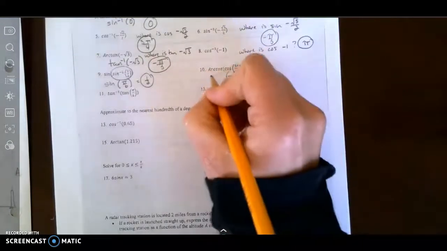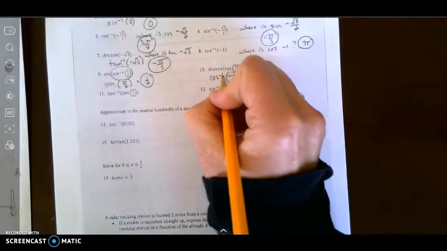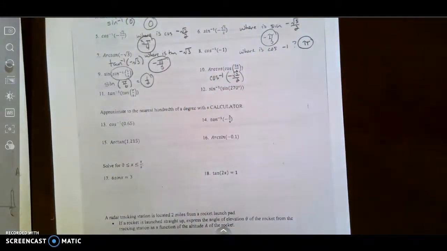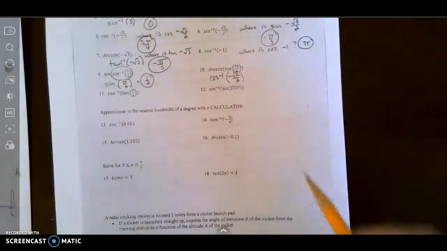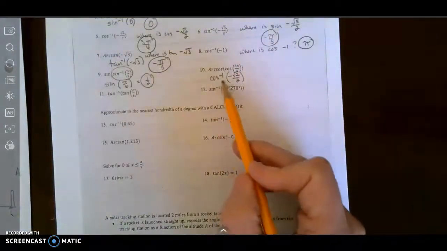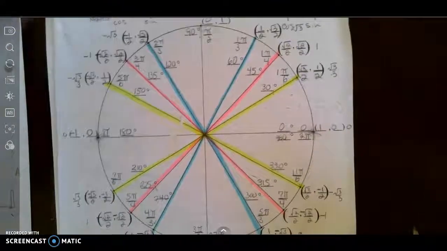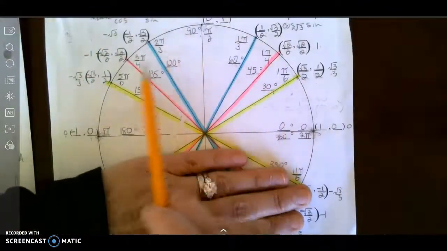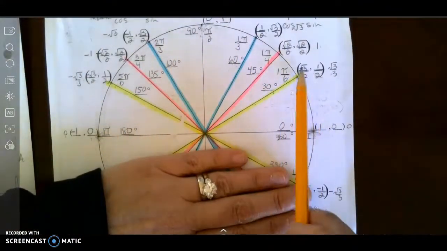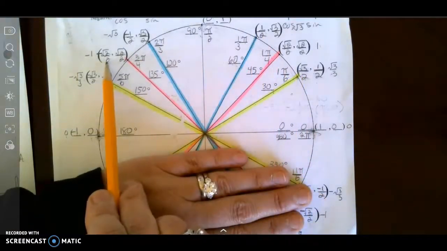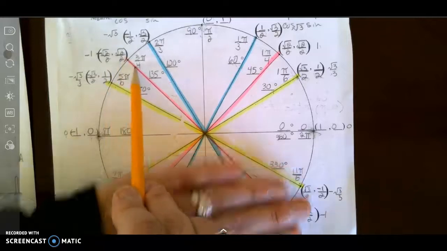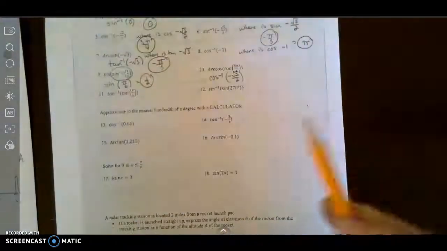This says arc cosine, which means inverse cosine. So now I have to ask myself, where is cosine negative square root of 2 over 2? Go to my unit circle. Since it's an inverse, I'm only looking at the top of my unit circle, and I want the cosine to be negative square root of 2 over 2, which is right here, and that answers 3 pi over 4.